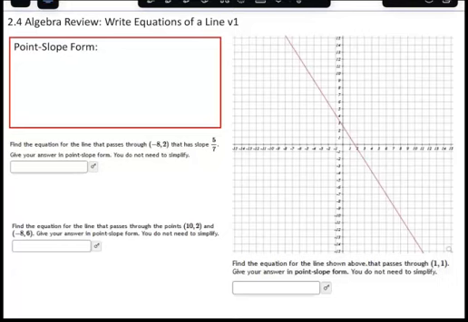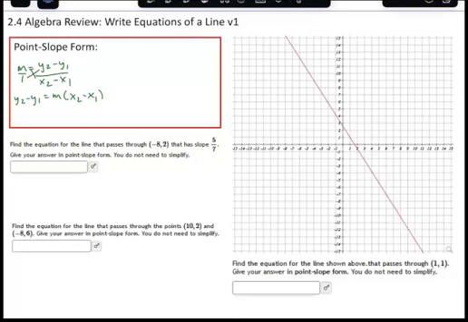Let me first derive it. If you write the equation of slope, y2 minus y1 over x2 minus x1, and you just get rid of the fraction, so we cross multiply, we get y2 minus y1 is equal to m times x2 minus x1.